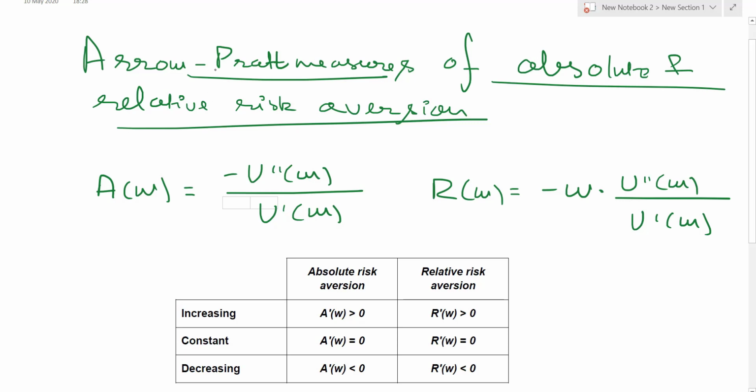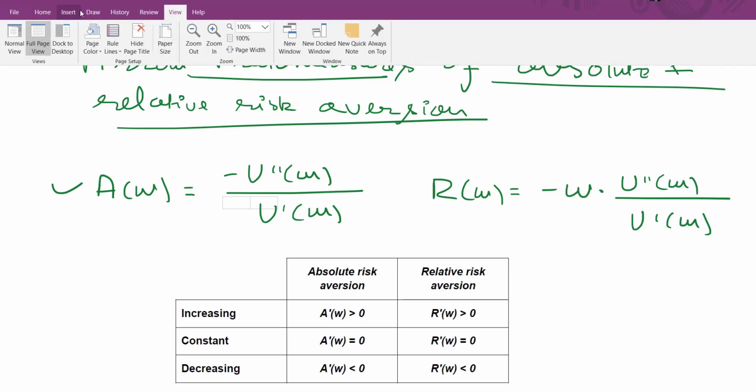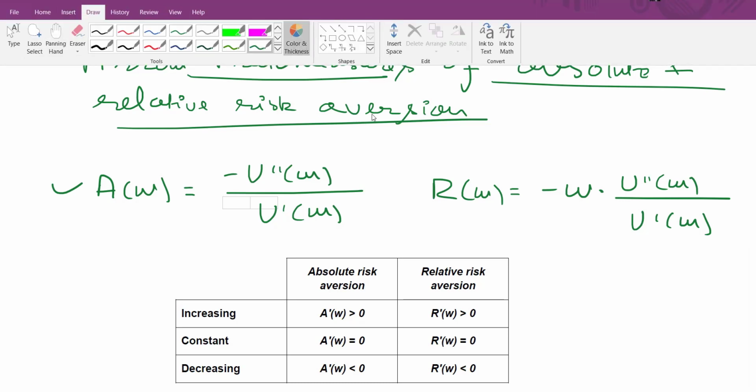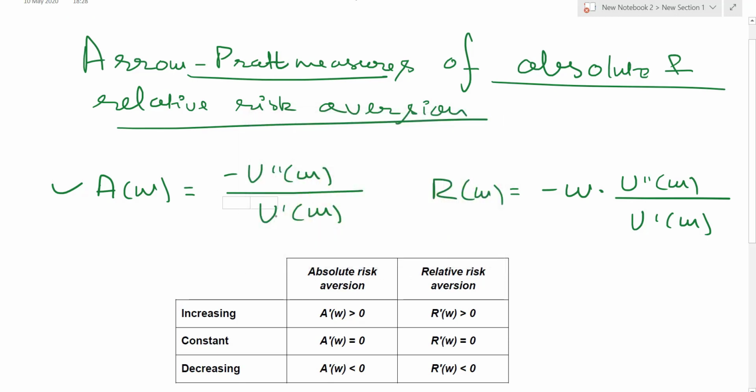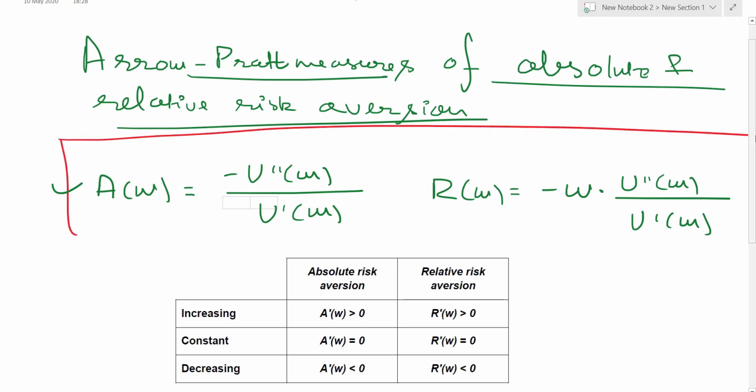These are called the Arrow-Pratt measures, and the absolute risk aversion is measured like this, which is the negative of the second derivative of the utility function with respect to wealth divided by the first derivative. And when you want to calculate the relative risk aversion, you just multiply it by the amount of wealth. Okay, so these are the two formulas that you have to know.